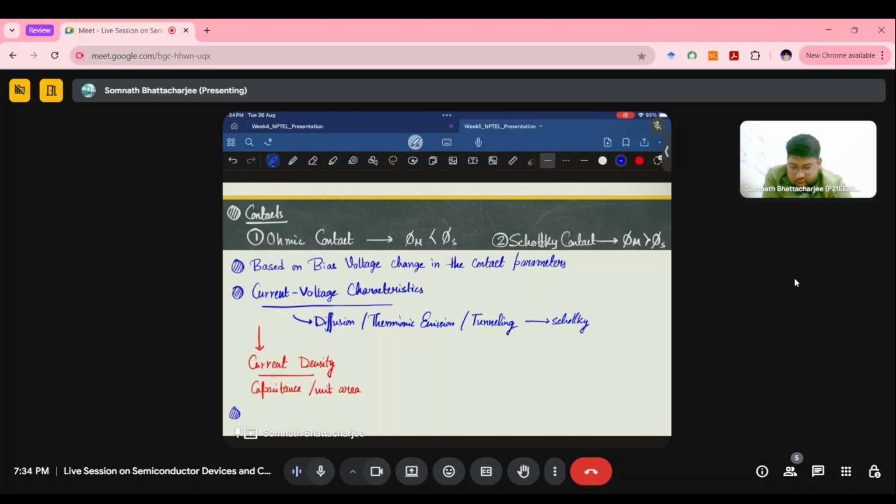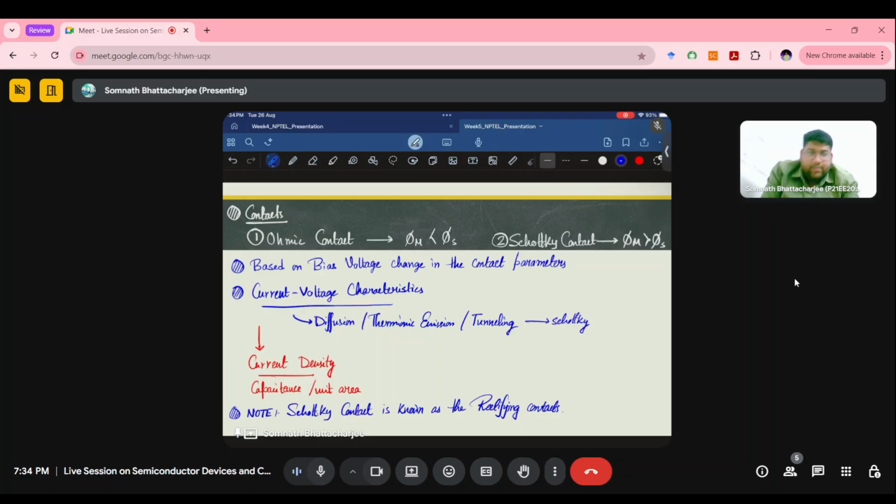And also, note that a Schottky contact is known as the rectifying contact as well. So based on this factor, we also have the Schottky diode as well.